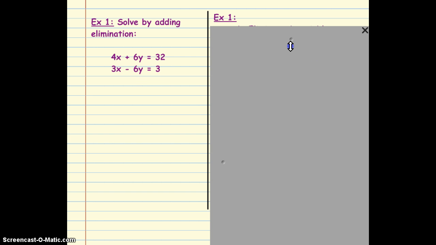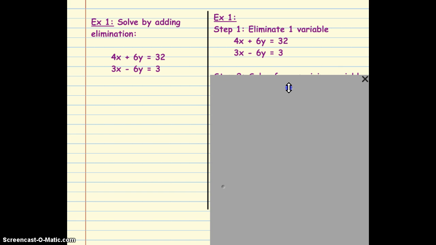So we have 5 steps that we're going to go through today. Step number 1 is we are going to eliminate one variable. Well, we are going to eliminate the y's because they have the exact opposite coefficient. And so what we are going to do, let me grab a pen here, is add these two equations together, going right up and down.